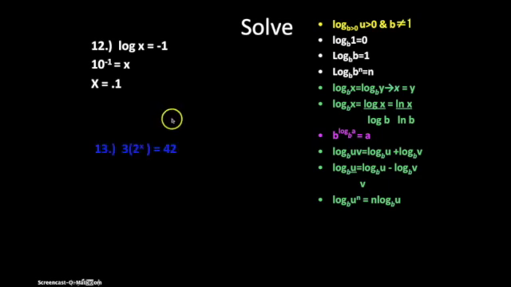Number 13 is another exponential. Notice here the 3 needs to be taken away from the x, so we divide it over. And then we notice that base 2 won't work very well with 14 as a base 2. We're going to have to find that, so we write it as a logarithm. Here's the base here, here's the base here. 14 is the number, the value over here. We call this the antilog, where it equals the exponent x.